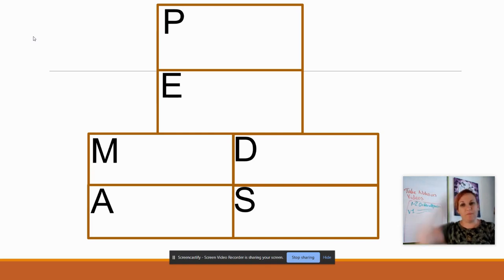We're going to start at the top of the picture, and the P in PEMDAS stands for parentheses. Now, parentheses doesn't mean just find parentheses anywhere in the problem and do that. Parentheses means look inside of your parentheses, or they could be brackets. They could look like any of these.